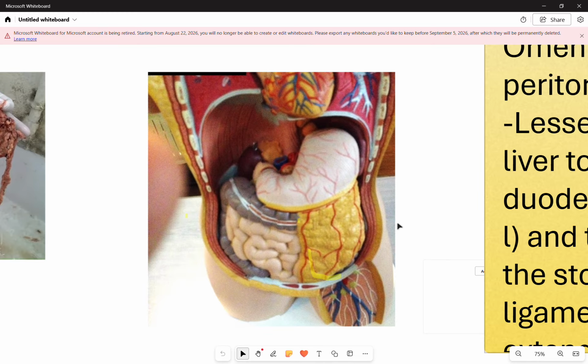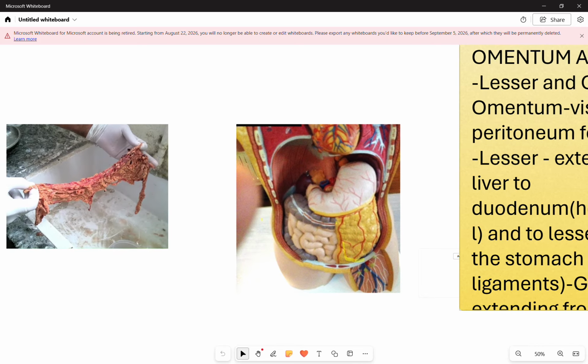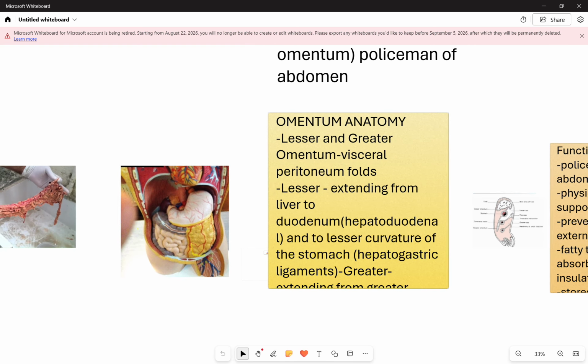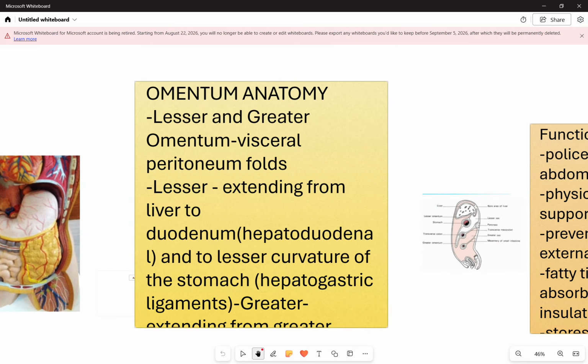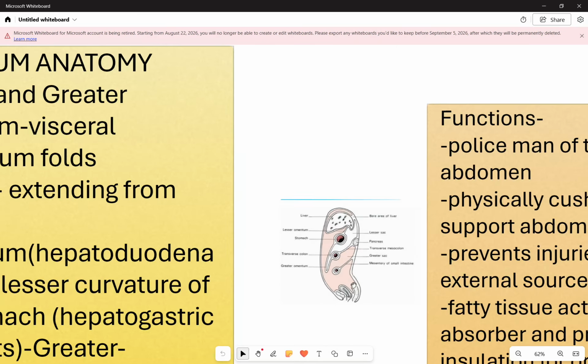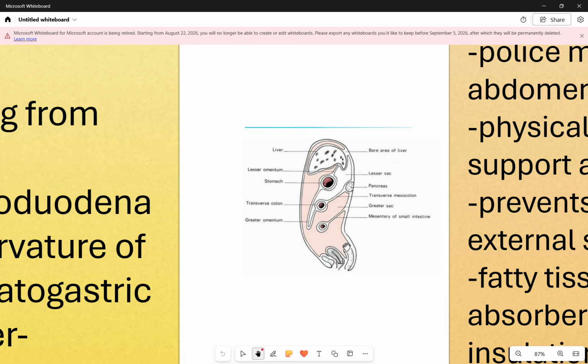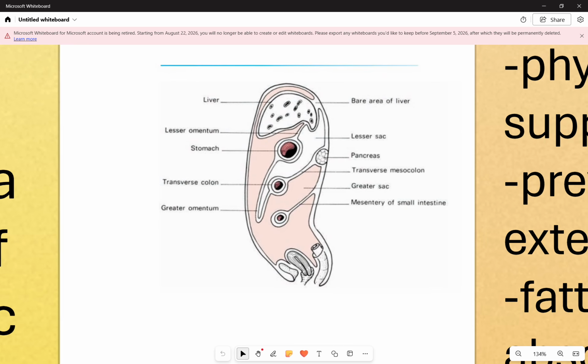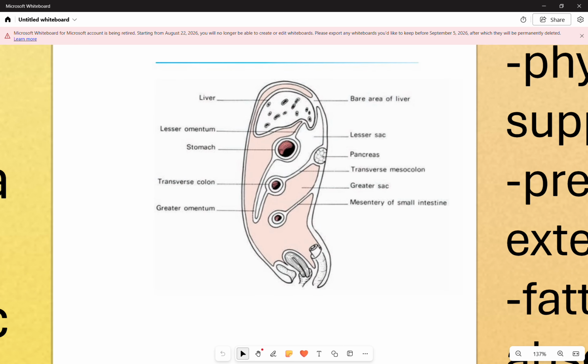Now I'll try to explain this more in a longitudinal section for the purpose of teaching. Now this is a longitudinal section of the abdomen where peritoneal reflections are shown. Peritoneum has got two layers. One is the parietal layer which covers the abdominal wall.